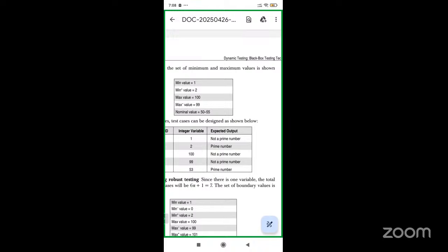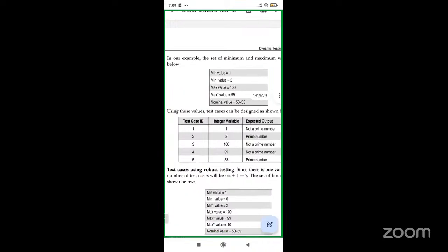So 1 is not a prime number, that is the expected output. In test case 2, we write the integer value 2 and it is a prime number. For 100, it has multiple factors, so it is not a prime number. Fourth case, we write 99 and it is also not a prime number.